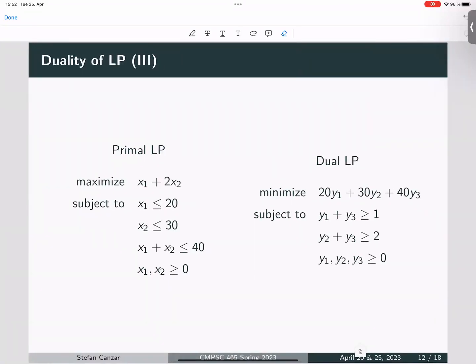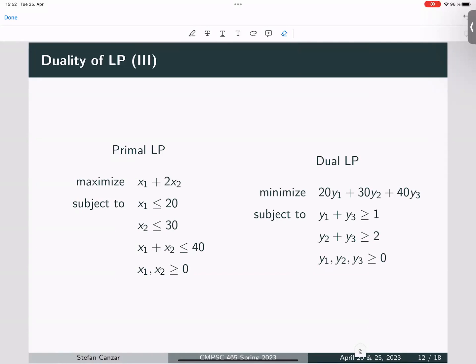So you should have in mind this first example that we did, where we tried to take linear combinations of constraints to get an upper bound on the objective. But once you have this understanding and you have such a primal linear program given, then creating a dual is a very mechanistic approach.